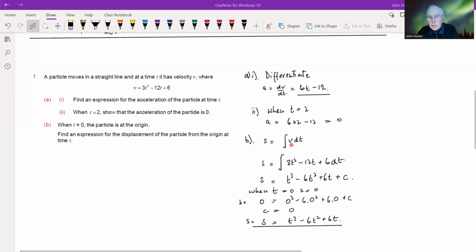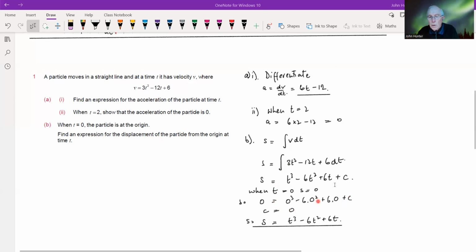We expand it out, substituting the velocity function in there. We've got the displacement equals this expression with respect to t, and that just comes out as s equals t cubed minus 6t squared plus 6t plus our constant of integration. But going back to our boundary condition, when t equals 0, s equals 0, we plug those into this equation, and then we just get lots of zeros, and we end up with c equals 0.